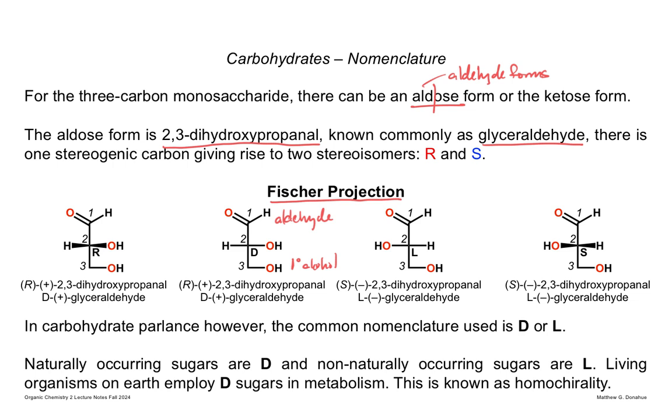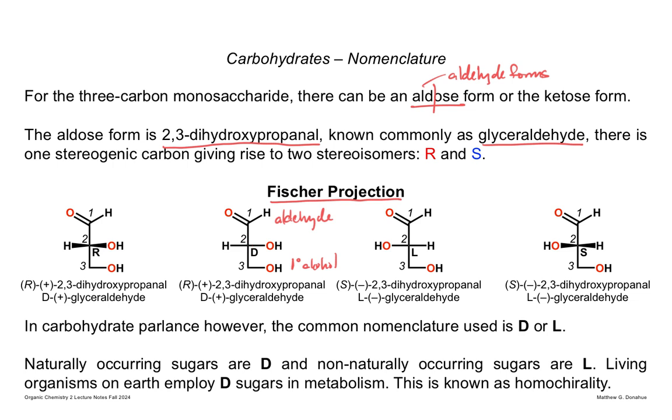So if you notice on this one, there's that big D by carbon number 2. So that's called D-glyceraldehyde. The plus, again, comes from the optical rotation. Now, if you look at the other structure, that's the mirror image. And so only carbon 2 is the stereocenter.